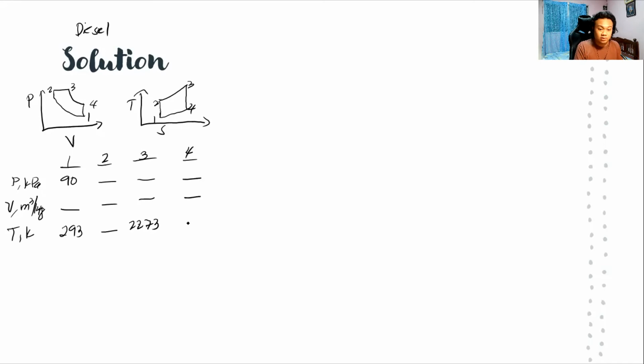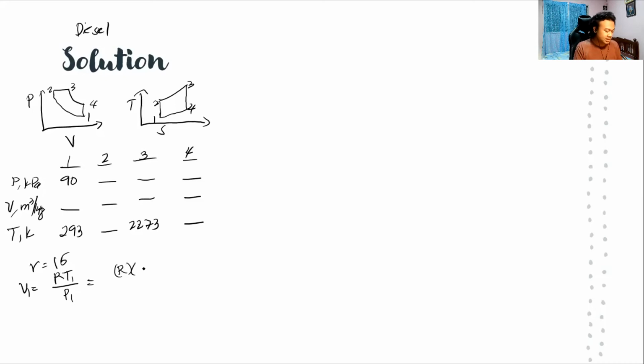We don't know the other values yet. We have our compression ratio, which is 15, diba? So let's solve for V1 first. Just like earlier, we know the value of R.